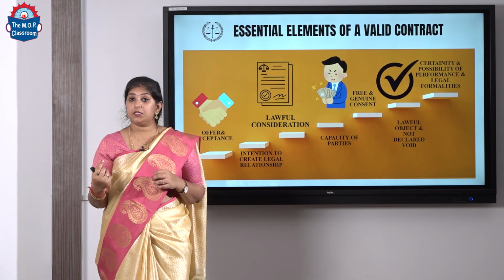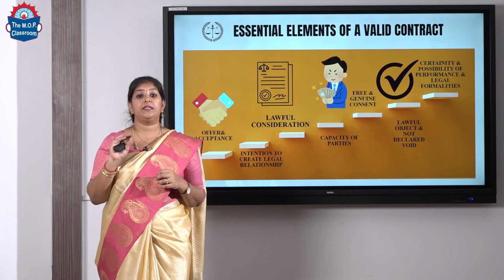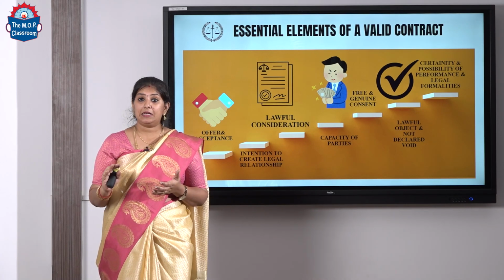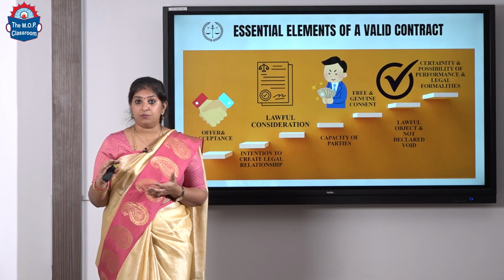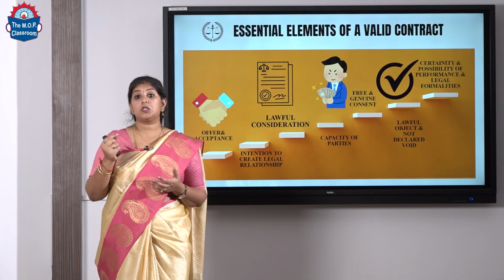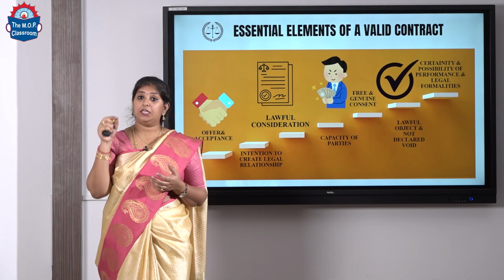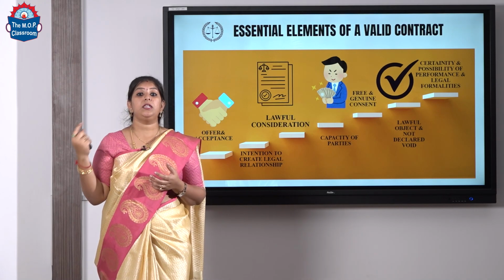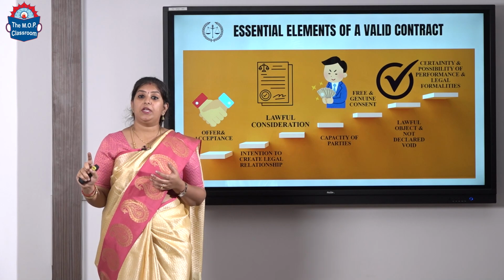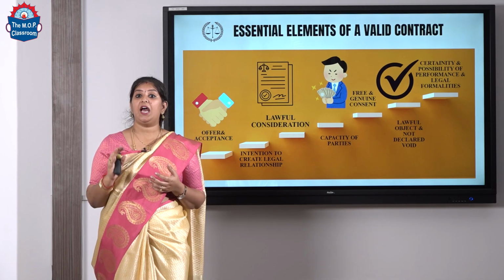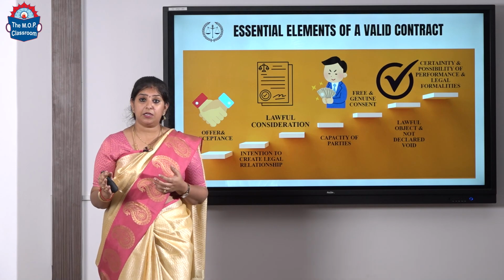Whenever there is a business contract, it is assumed that both the parties intend to create a legal relationship. That is the basic assumption. Only when the business contract specifically says in the contract itself that there is no intention, then there won't be any intention to create a legal relationship. Otherwise, business contracts always have an intention to create a legal relationship.